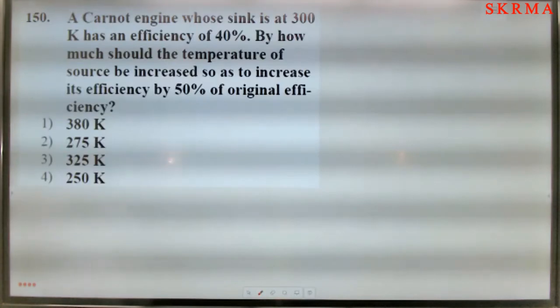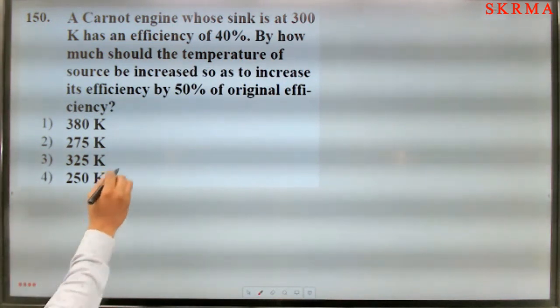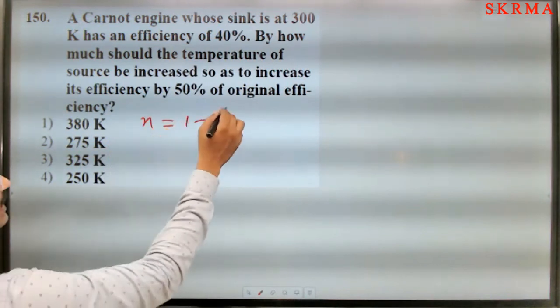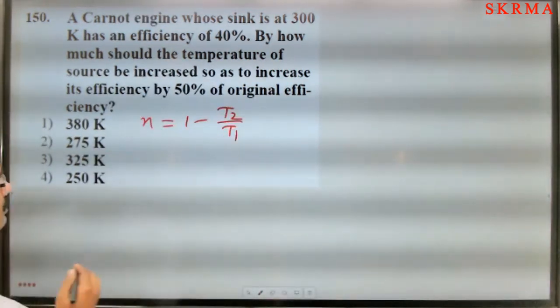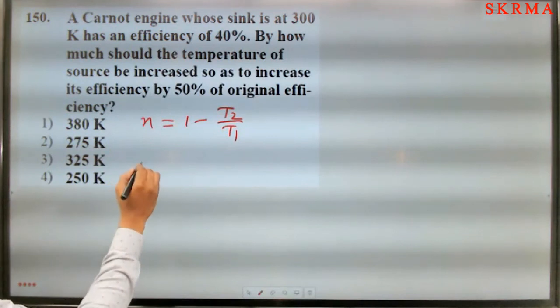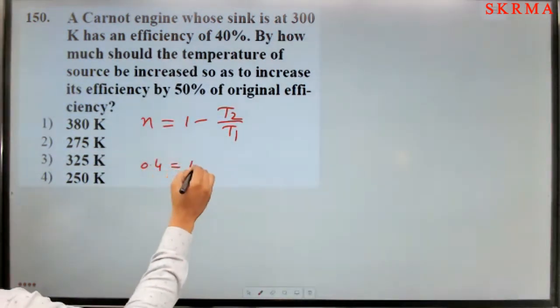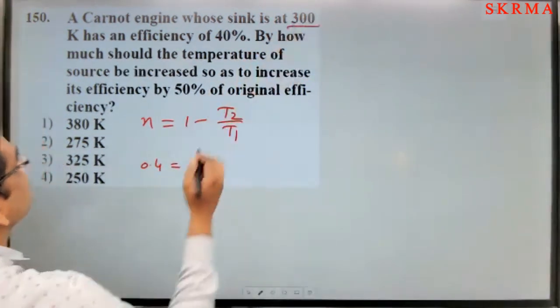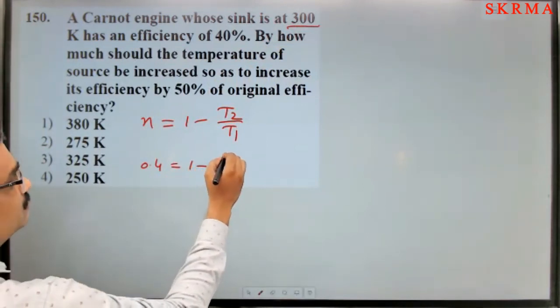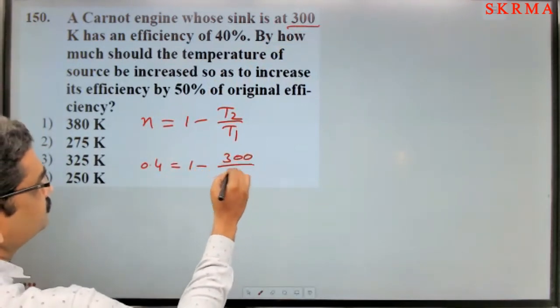Next, a Carnot engine whose sink is at 300 Kelvin has an efficiency of 40%. How much should the temperature of the source be increased to increase the efficiency to 50%? The efficiency formula is 1 minus T2 by T1. Substituting, 0.4 equals 1 minus 300 by T1.